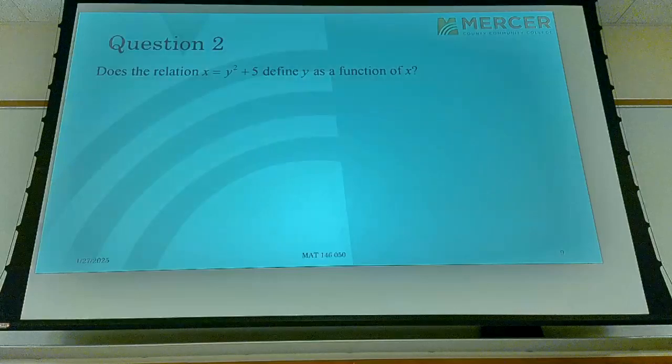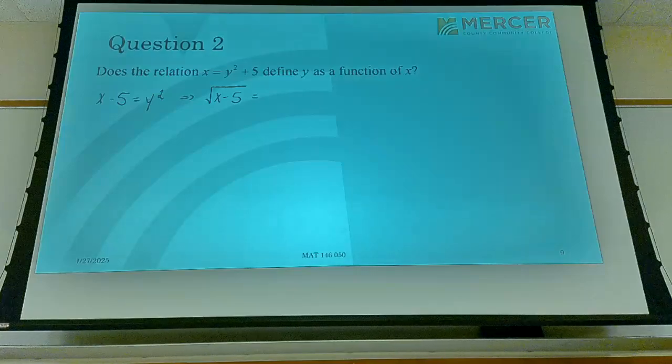Square root of both sides, right? What is the square root of y squared? Positive y, negative y. Mathematically, the absolute value of y.